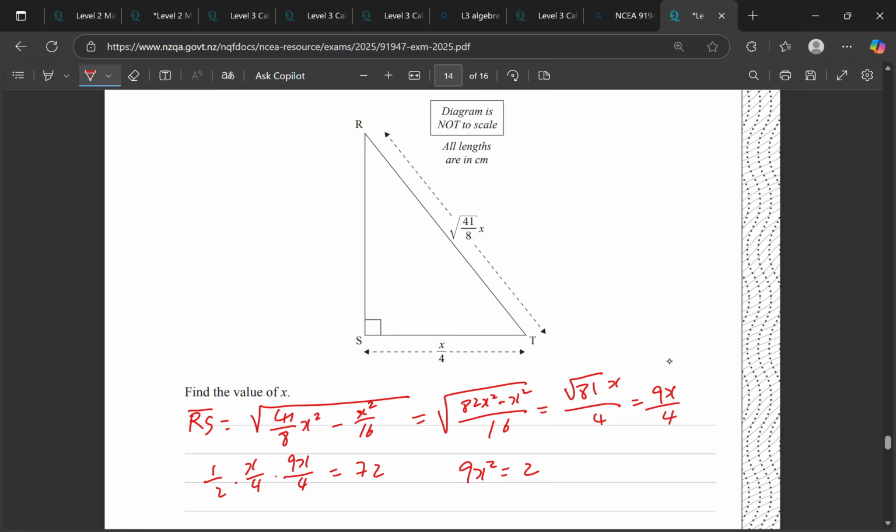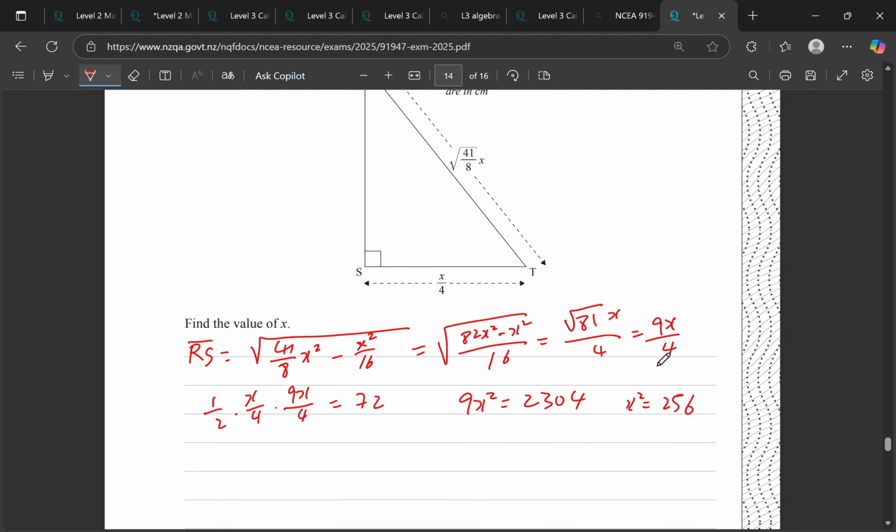So 9x squared equals 2304. Hence x squared equals 256. Hence x equals plus or minus 16, but x can't be negative, right? It must be positive, so it's 16.